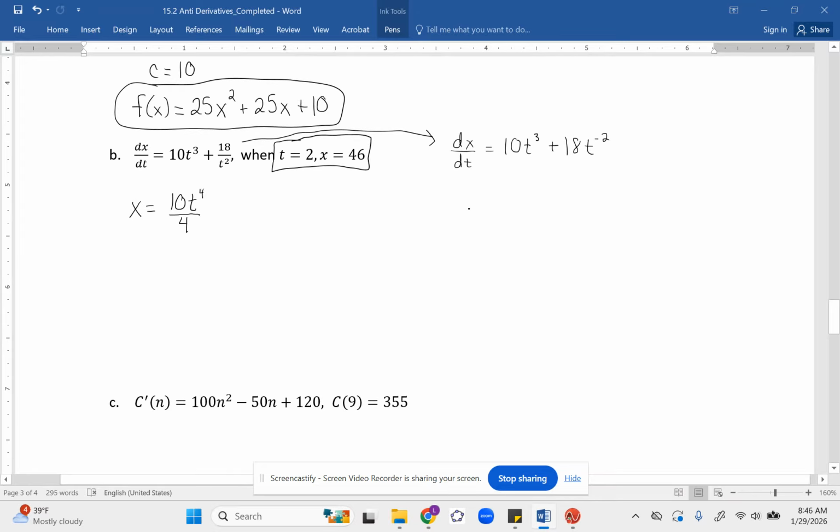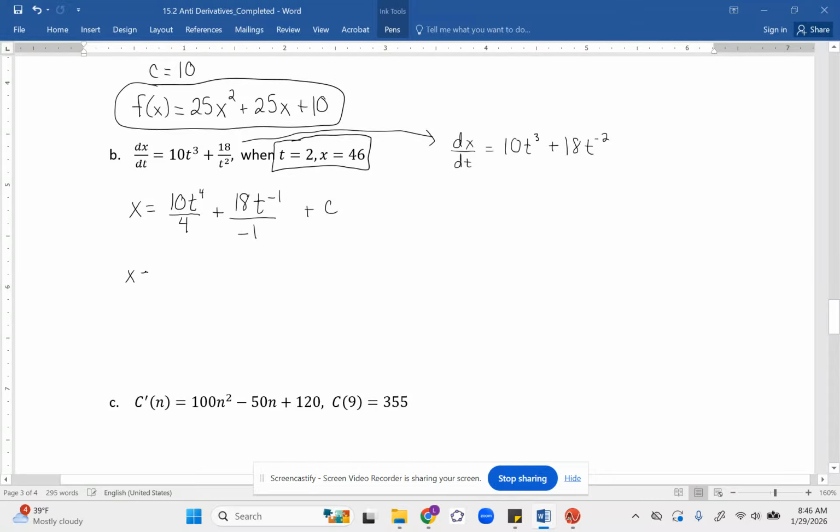That way, when I find the antiderivative, I can use that reverse power rule a little bit easier. I'm going to have 18t, add 1 to the exponent, negative 1, divide by the new exponent, negative 1, plus c. So yeah, I needed to rewrite that first. Sorry, I'm feeling a little under the weather today.